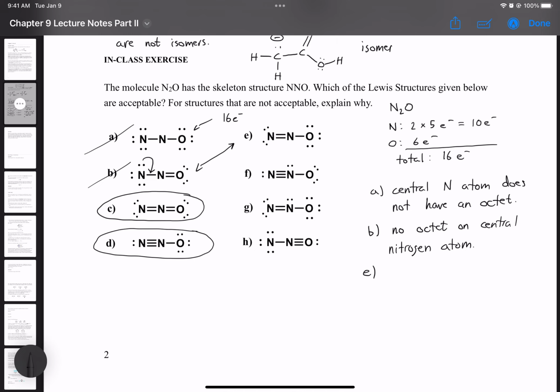Make a double bond here, push a double bond out, make it a lone pair, and we get structure E. So there's no change in anything really, because nitrogen still doesn't have an octet, because you push electrons to form a double bond, then you push electrons out again, so you have a net result of zero change. So here we have no octet on central nitrogen.